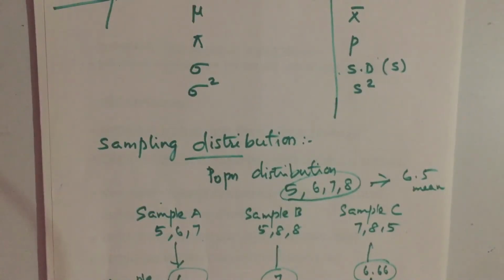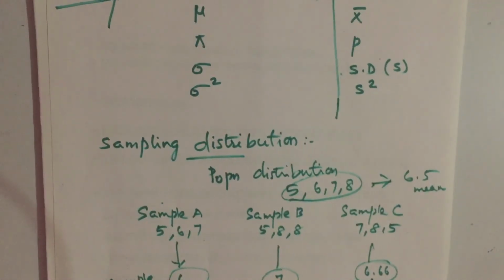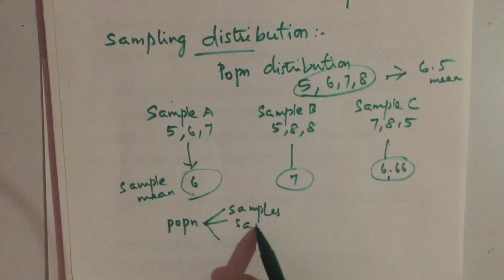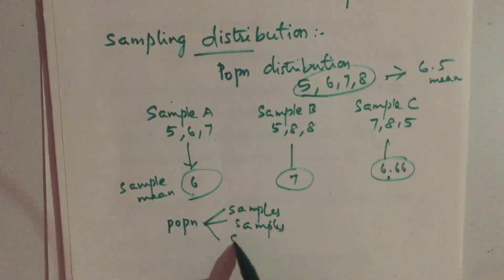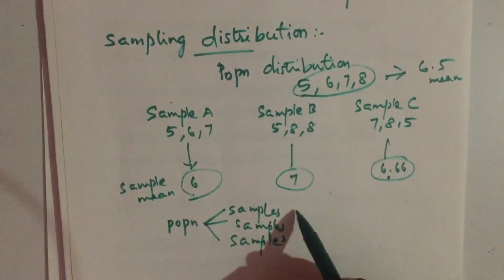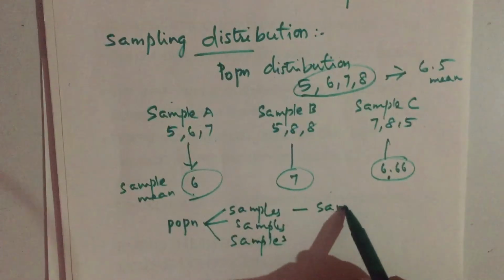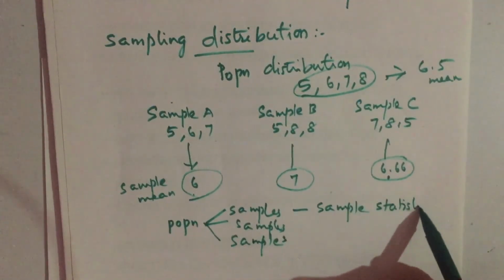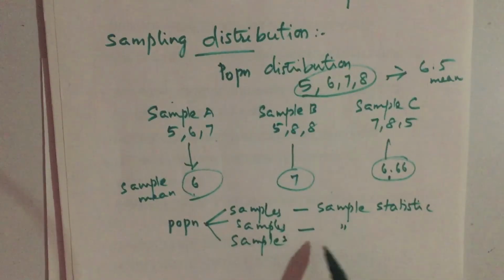From a population we take so many samples, and from those samples we find sample statistics.